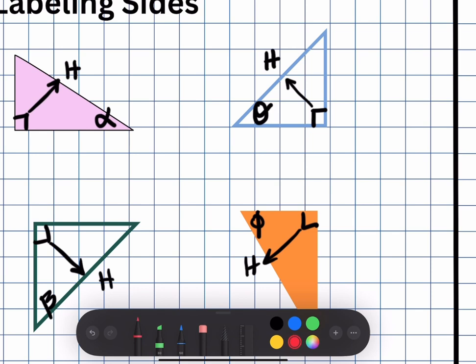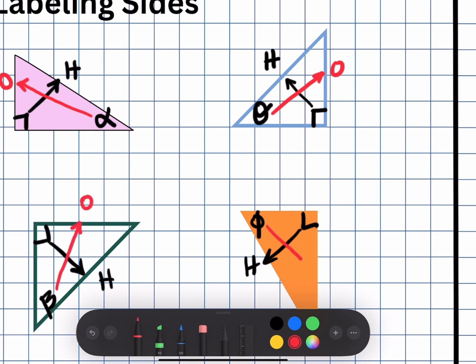Now, next important thing. Across from your angle, regardless of where the angle is, the angle that they tell you is your reference angle, on the other side is the opposite side. So over here, my angle's on this side. Opposite would be here. My angle is here. Opposite is there.